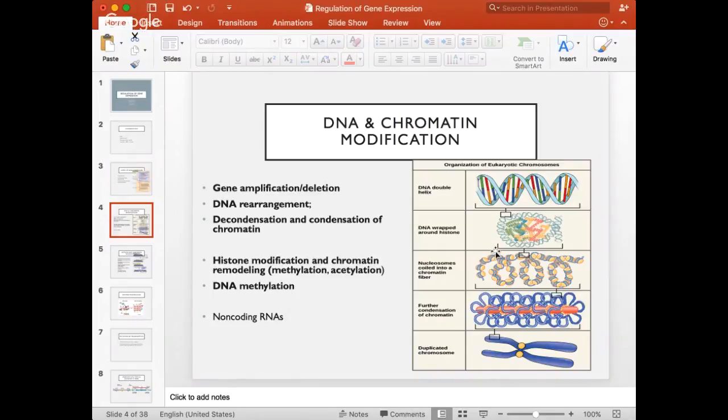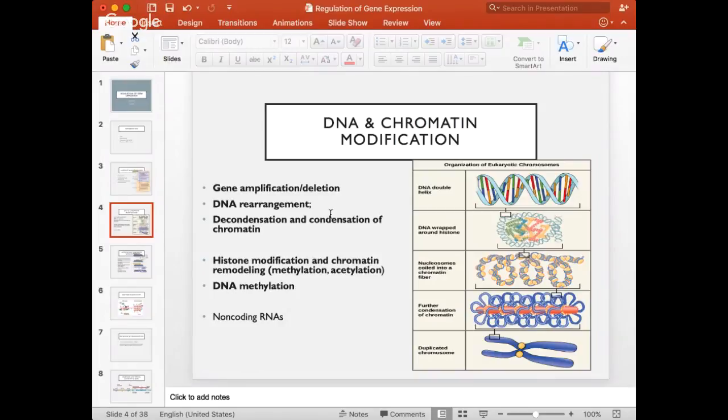So let's say my cells don't particularly need gene X, my cells don't see the need to make more of gene X, so that gene will be deleted. And similarly, if my cell needs more of a particular gene on a chromosome, we would need to amplify that gene. So that is basically gene amplification.